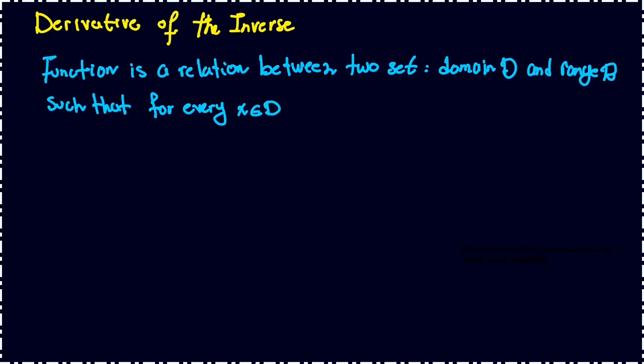For every x in the domain, there is only one y in the range. X's are the members of the set domain, and y's, you can call them whatever you want, are the members of this set range. A set is a group of things.